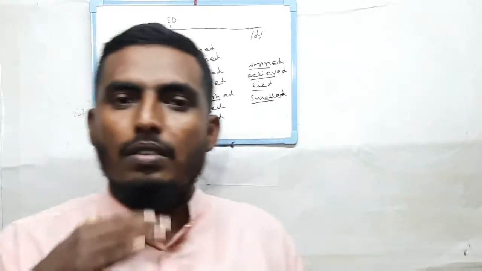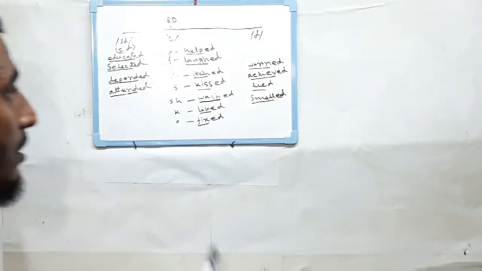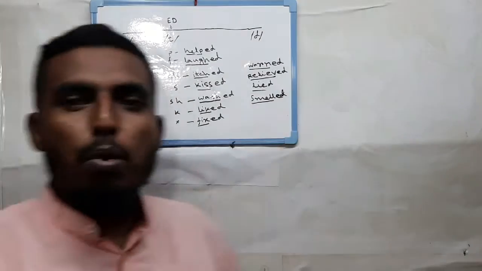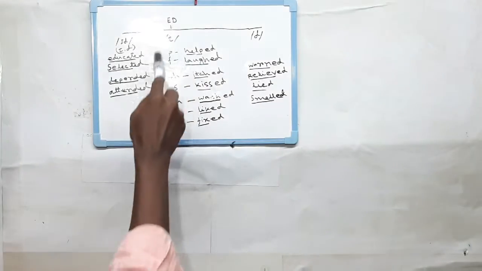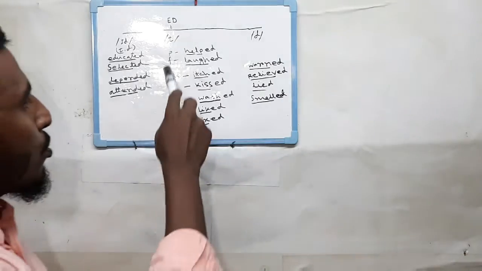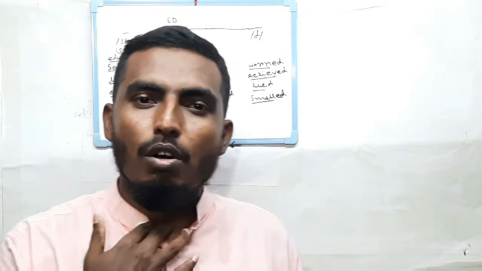The ed ending is pronounced like a ta sound when the root word ends in these sounds: pa, fa, cha, sa, sha, kha, ks. These are unvoiced sounds. To make these sounds, our vocal cord doesn't vibrate.